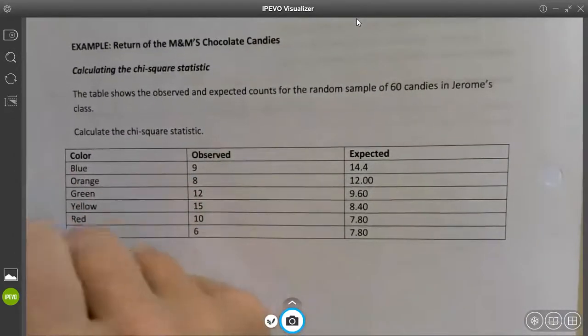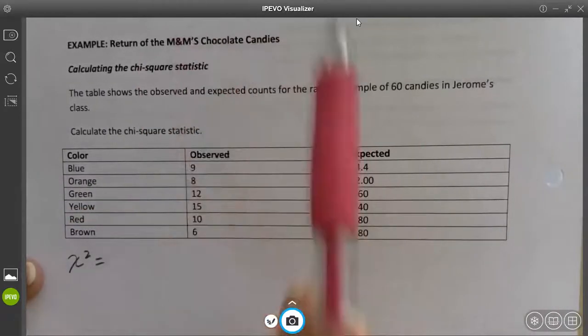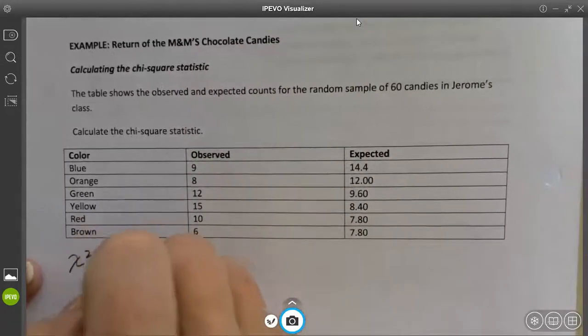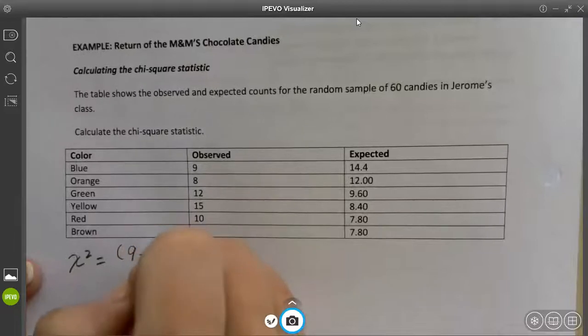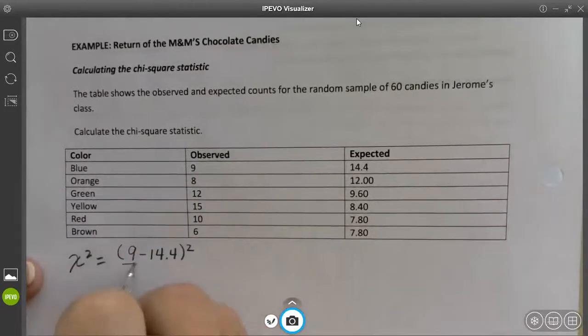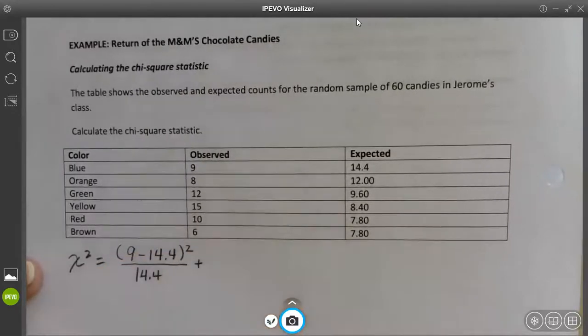So that chi-squared, you're going to do your observed minus your expected. So for the blue, observed minus expected squared over the expected. And then you're going to add the next one.